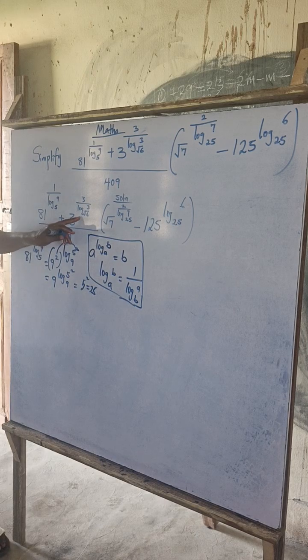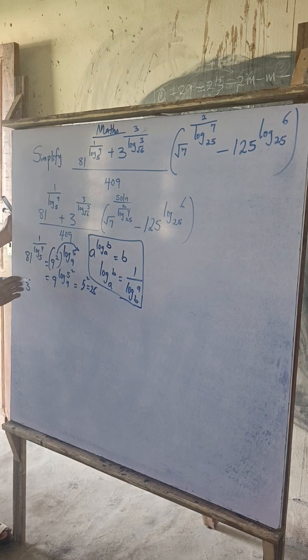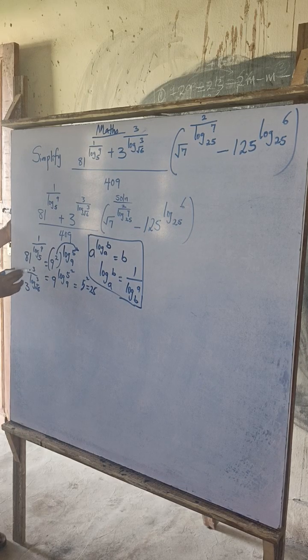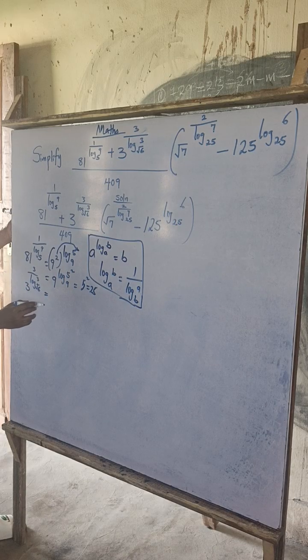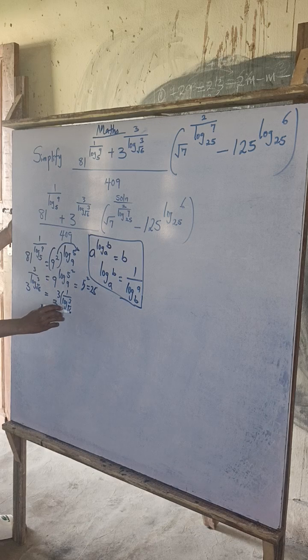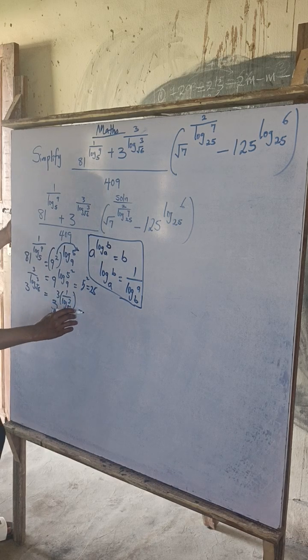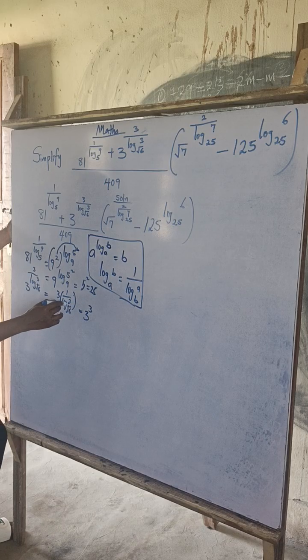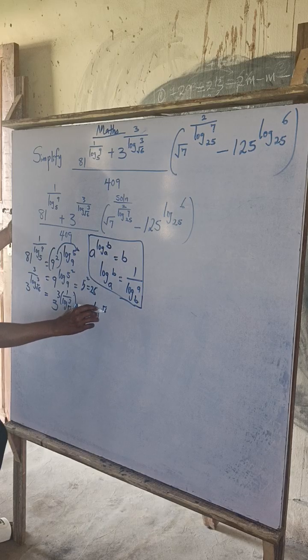Now we can do the same thing with this. We have 3 raised to power 3 over log of 3 to base root 6. This 3 can be factorized out, so we have 3 raised to power 3 times 1 over log of 3 to base root 6. If simplified further, this can be written as log root 6 to base 3.